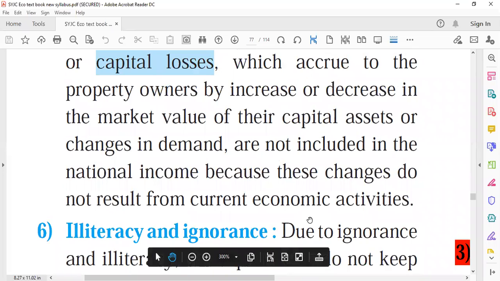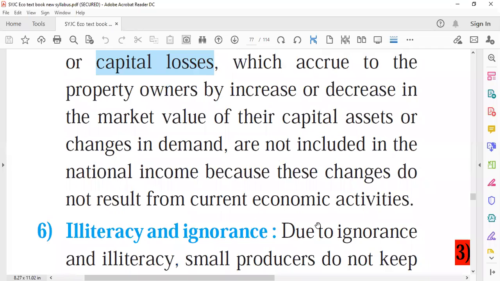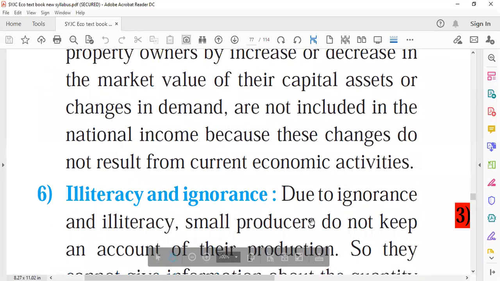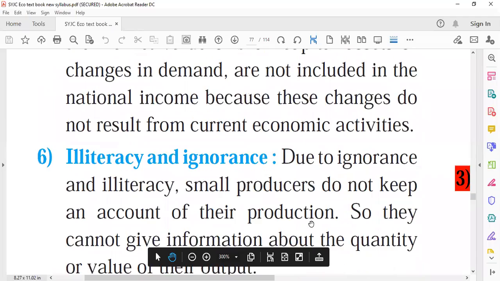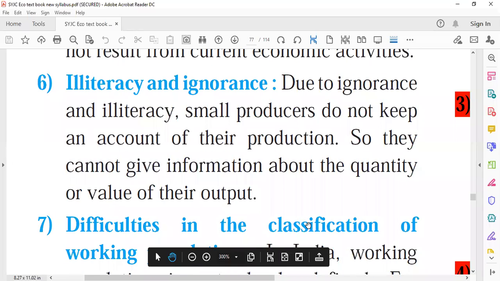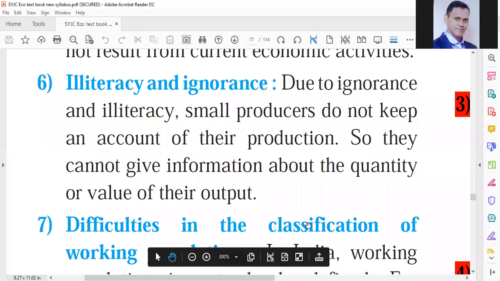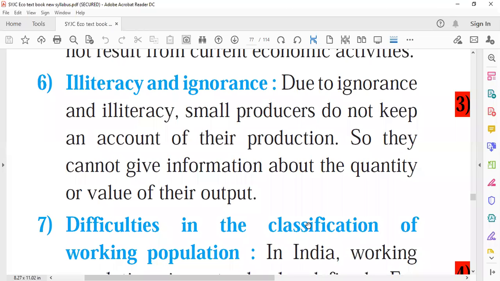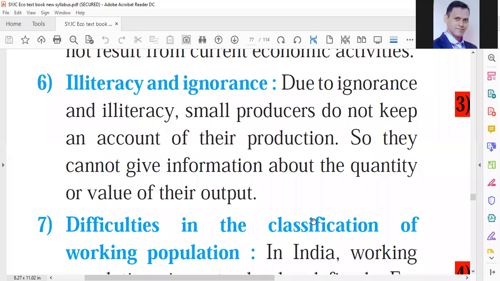Now, another difficulty that we are facing is illiteracy and ignorance. Many people in India are illiterate. They do not have any accounting knowledge, and therefore they are not able to maintain a proper record of their transactions.